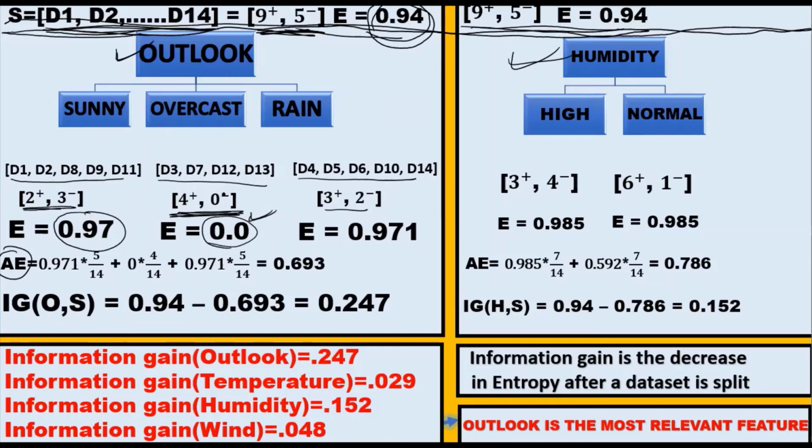Because when you write 0 divided by 4 log 0 divided by 4, then 4 divided by 4 log 4 divided by 4, there will be a problem mathematically, but you have to take 0. Now here the entropy is 0.971. So 3 separately for this one, this one, this one we found. Now I'll show you how it's found for Outlook.